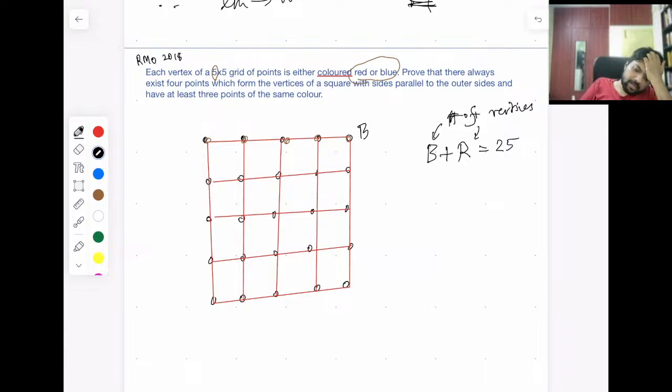Now you want to count that in some other way. How many vertices are assigned blue? But you want to use the fact that given any square, there are 2 blues and 2 reds in it. Suppose. How do we count it?